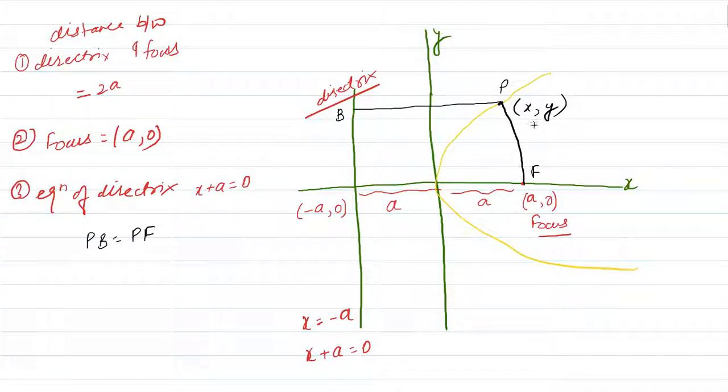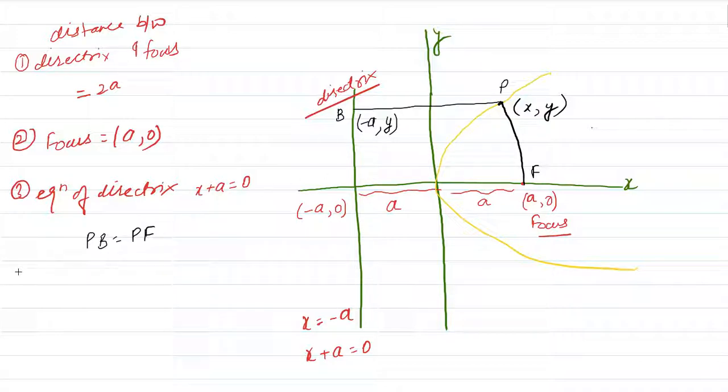Because this point is (x, y), the y coordinate of point B will be y, and on the whole line the x coordinate is always minus a. So the coordinates of B are (minus a, y), and the coordinates of F are already with us, that is (a, 0).